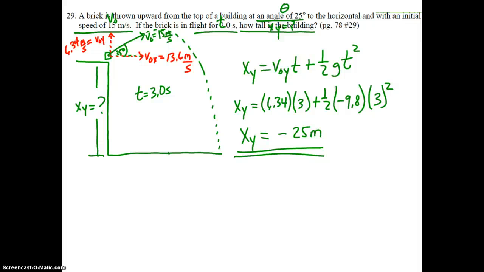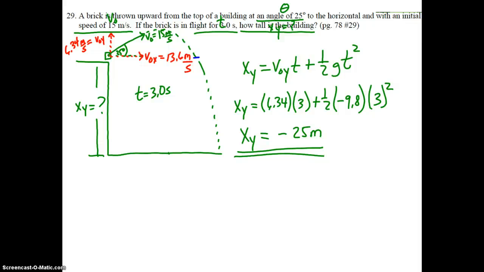If we mark over here, and I'll do it in blue, the brick actually has 0 displacement during that portion of the trip, up and then back to that spot. What's neat about this concept is that it takes that into account, and your answer is literally the vertical displacement from the top of the building, that is, from the moment it's released to the end of the trip.